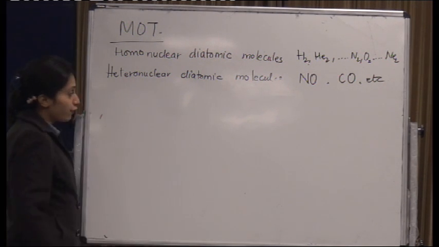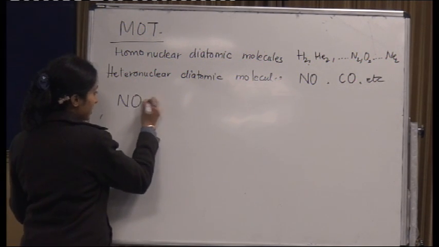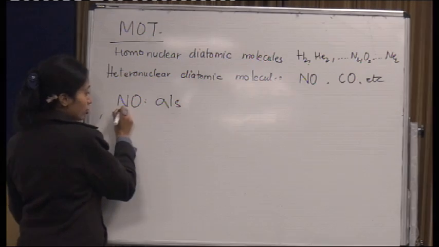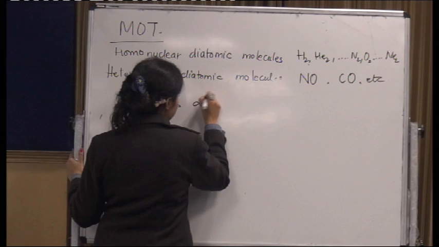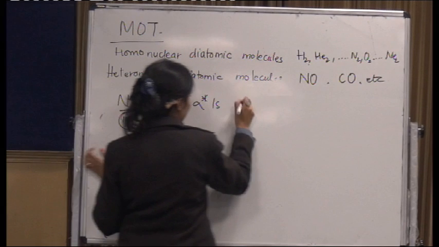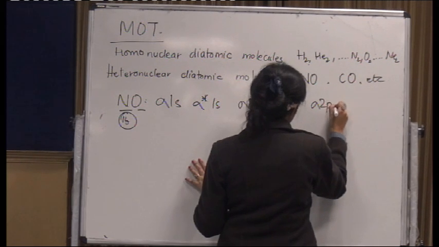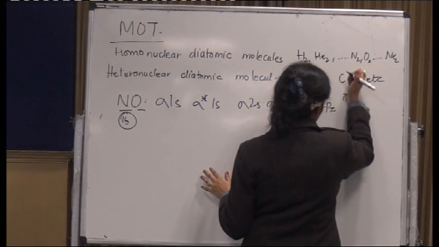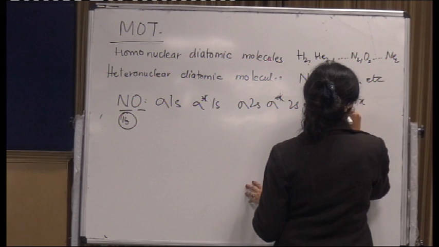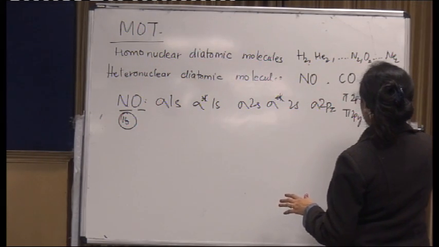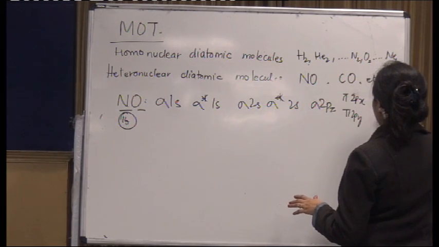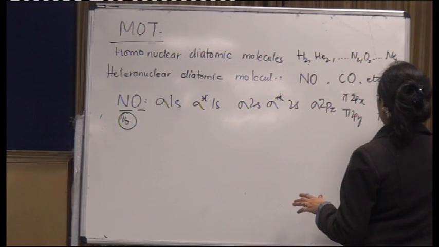ठीक है. Now for NO, what are the total number of electrons? It is 15 electrons. So sigma 1s, sigma star 1s, then you have sigma 2s, sigma star 2s, then you have sigma 2pz, very good, then pi 2px, pi 2py, then you have pi star 2px and pi star 2py, and then you have sigma star 2pz.